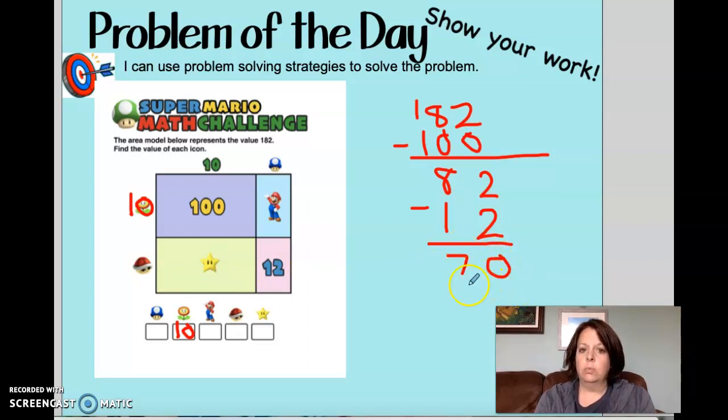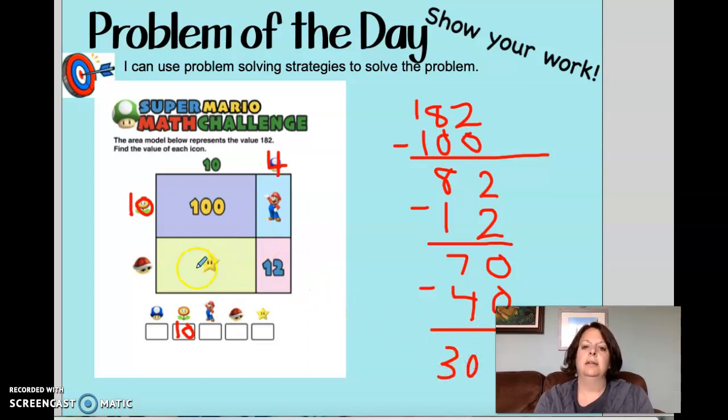So I'm thinking the mushroom is going to be a 4. So 4 times 10 is 40. If I subtract 40 here, I'm going to get 30 left.